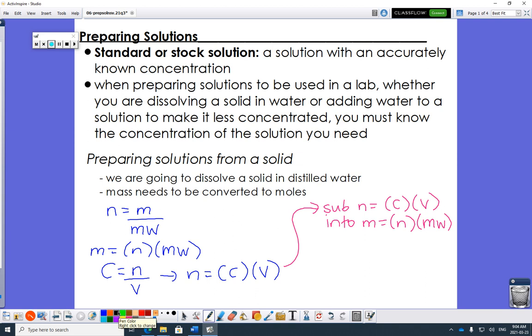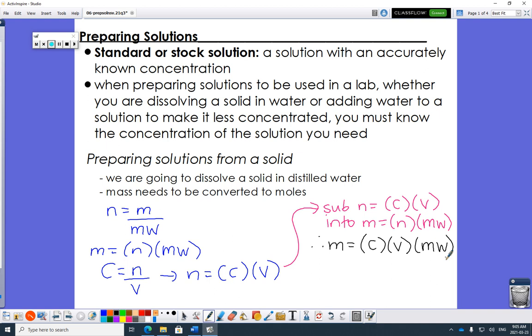Wherever there's moles, we're going to sub this in there. So I'm going to put C times V times MW. I'm just going to go in the same order. When you multiply, it doesn't really matter what order you do it in, right? So I took this original change mass into moles formula and rearranged it to solve for mass, then rearranged concentration to solve for moles, and then you've got a common variable and you can sub it in.